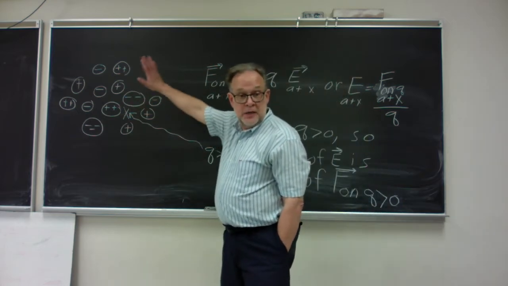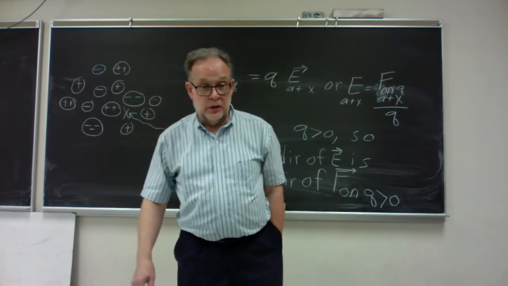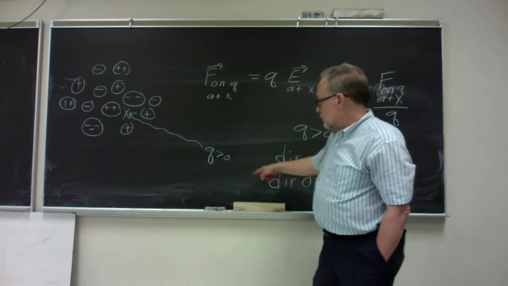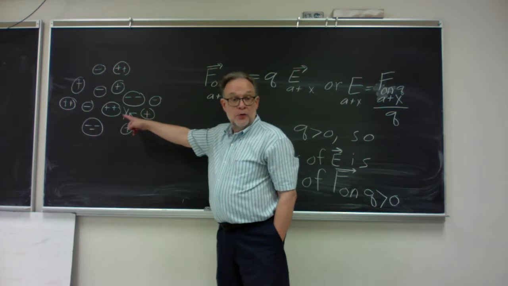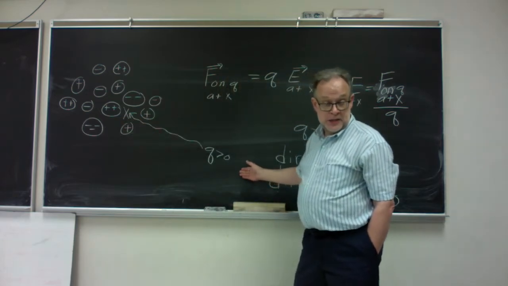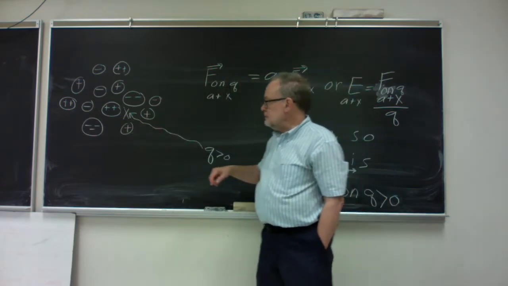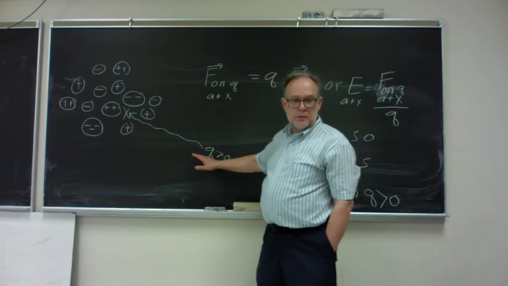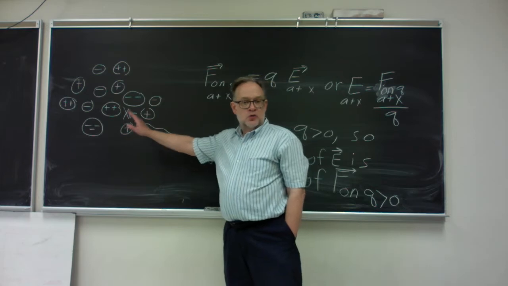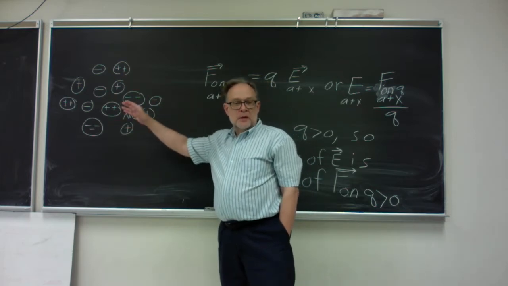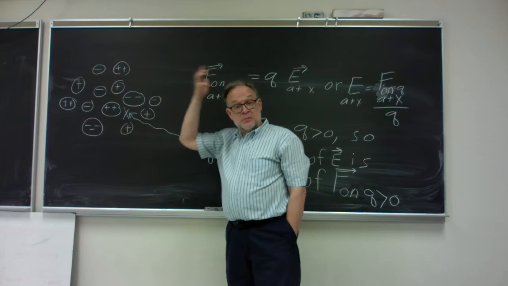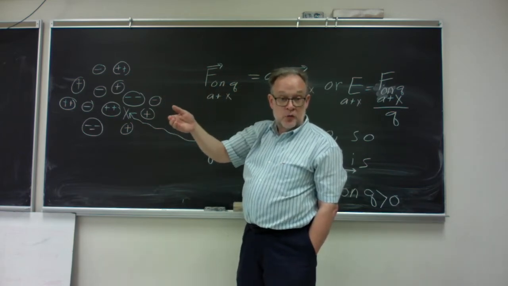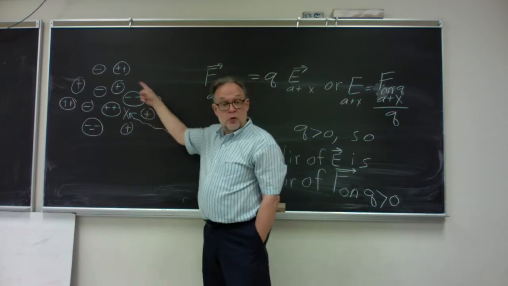Imagine some region of space that has a whole bunch of electric charges in it, and then into that space wanders some other charge. We'll say it's positive. The book calls this a probe charge because as this charge wanders into this area, it feels electric forces, a different electric force depending on where it's located.